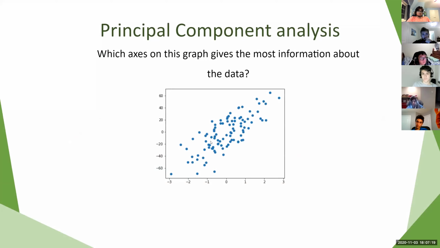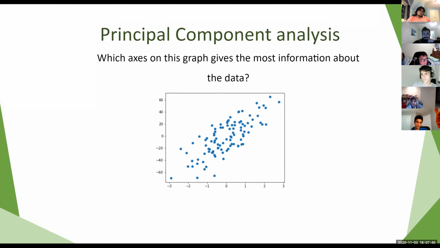Now, which axis on this graph gives the most information about the data? Which axis gives the most variance? Both y, x? Okay. Well, I'm here to say it's neither.